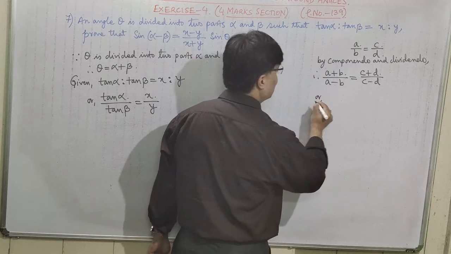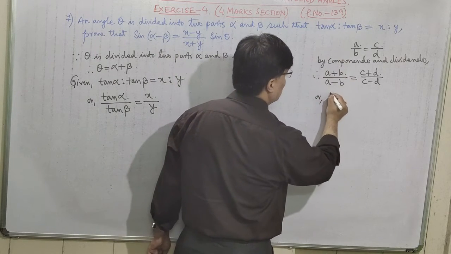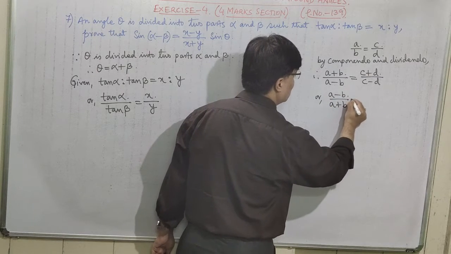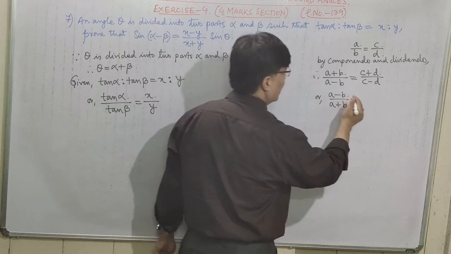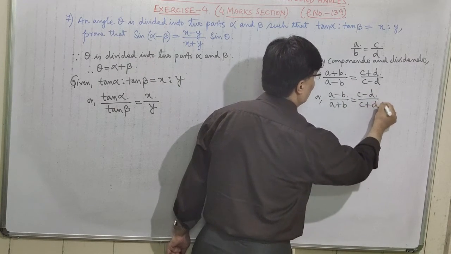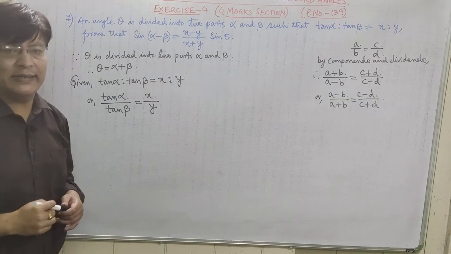Or you may write it as minus sign in the numerator and plus sign in the denominator, that is numerator minus denominator divided by numerator plus denominator is equal to, on the right hand side also, C minus D divided by numerator plus denominator. So this is known as componendo and dividendo.